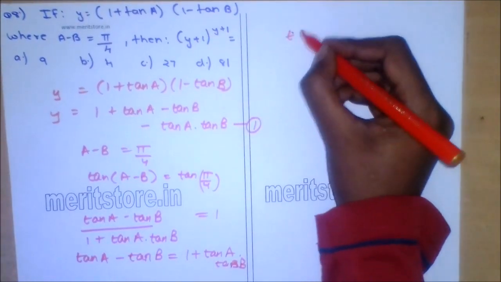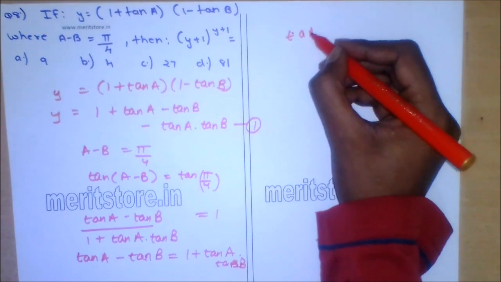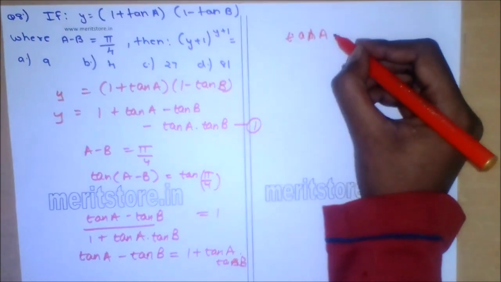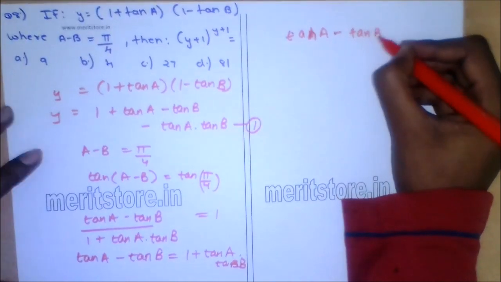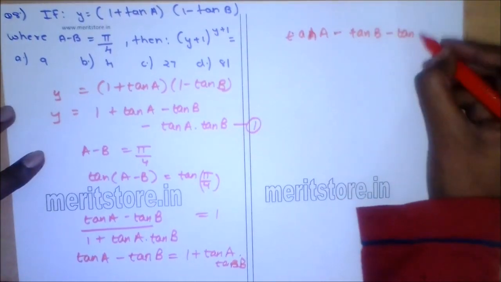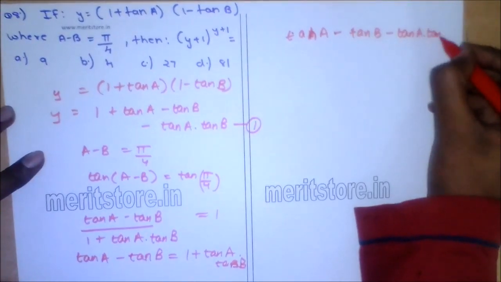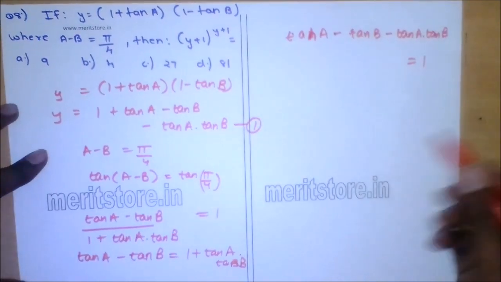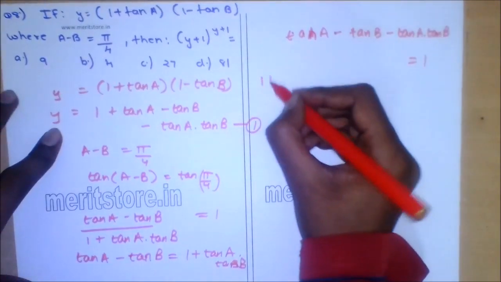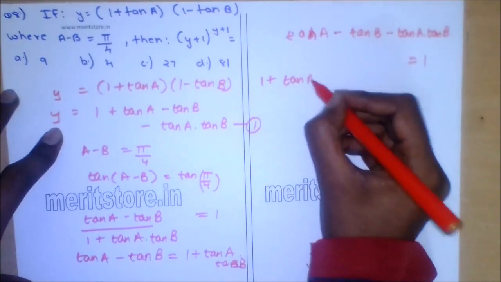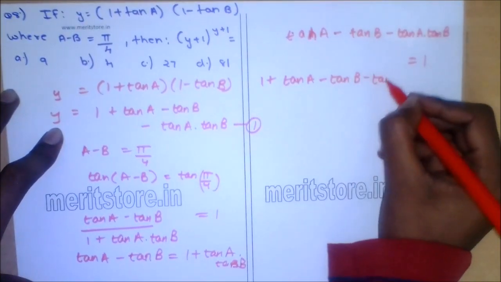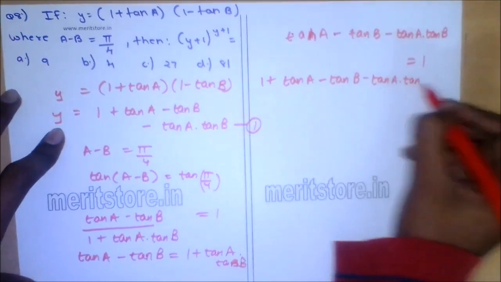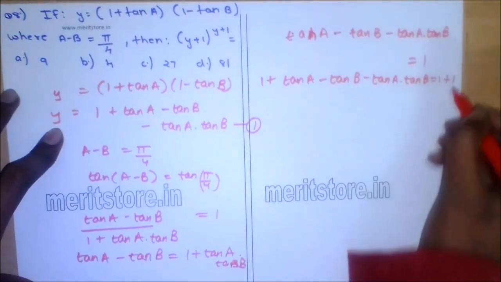We get tan A minus tan B minus tan A tan B equals 1. Add 1 on both sides, we get 1 plus tan A minus tan B minus tan A into tan B equals 1 plus 1.